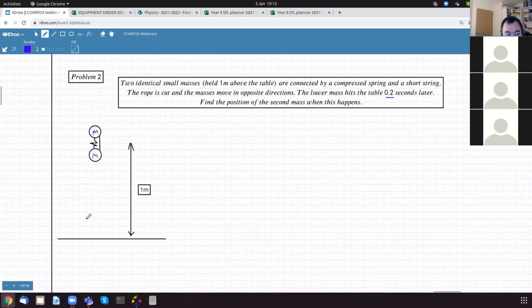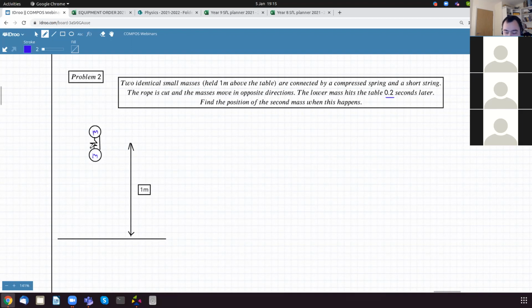Now, we could potentially write down a Suvat equation, but the problem is we don't know the acceleration of the first mass due to the spring. We don't know how long the spring is.